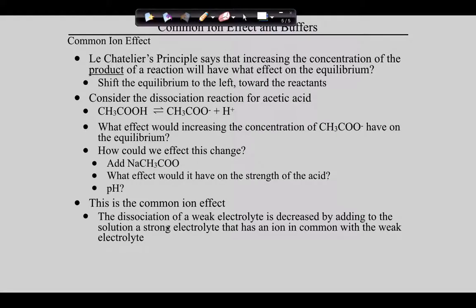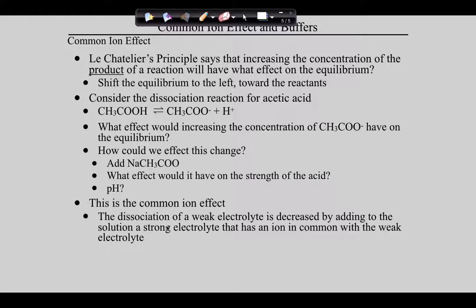So guys, here we go. This is called the common ion effect. I would claim to you that you don't need to write this down because you drew the picture, because the picture was simply a representation of this sentence. The dissociation of a weak electrolyte, our acetic acid, is decreased by adding to the solution a strong electrolyte, sodium acetate, that has an ion in common with the weak electrolyte.